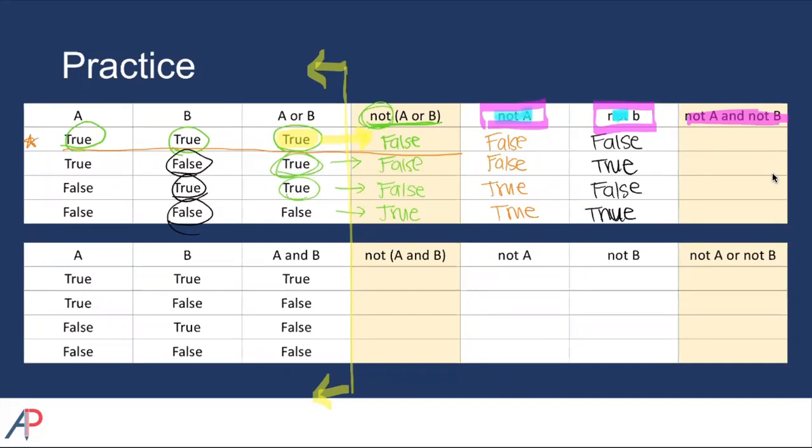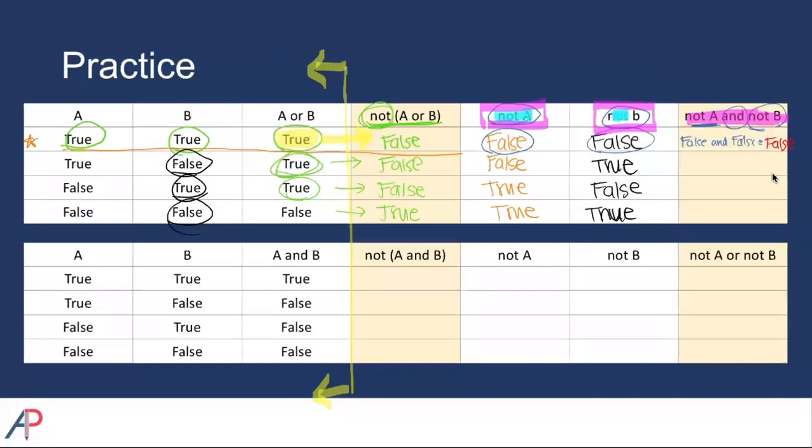So for this one, I have my not A and my not B. Not A for this was false, and I have a not B, which is this one, false. What would that be? Very good. This is false. So overall, this is false.